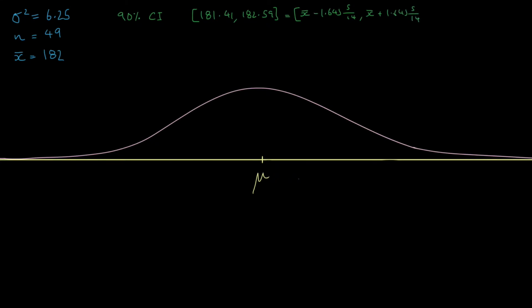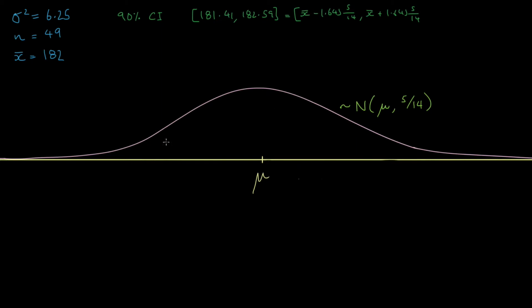And so let's let this be our sampling distribution. So this is distributed normally with a mean mu, as we can see, but with the standard deviation of our sampling distribution 5 on 14. And the question we asked in the previous tutorial was, well, how many standard deviations do I need to be to the left and the right of this mean to capture 90% of all the values?